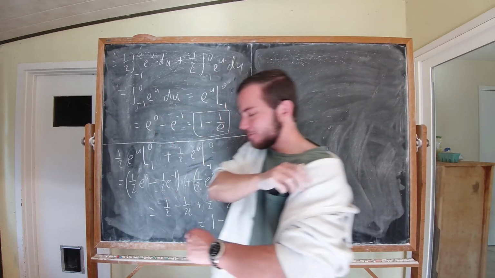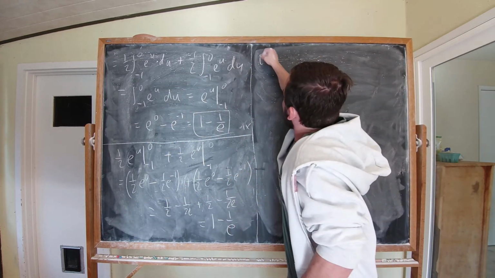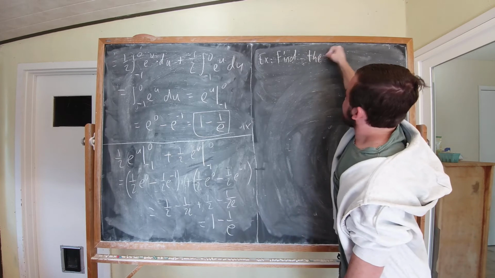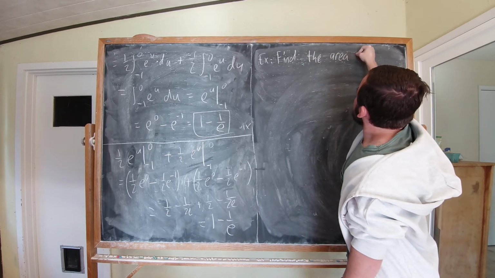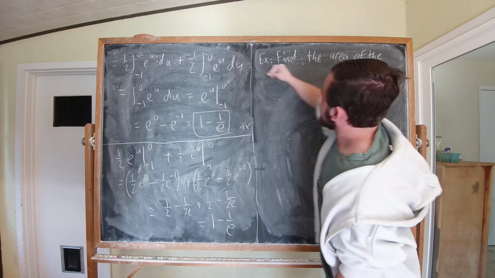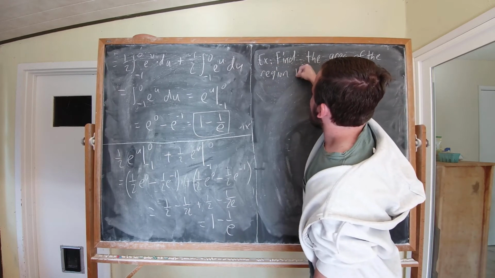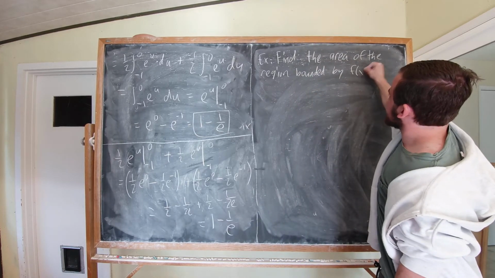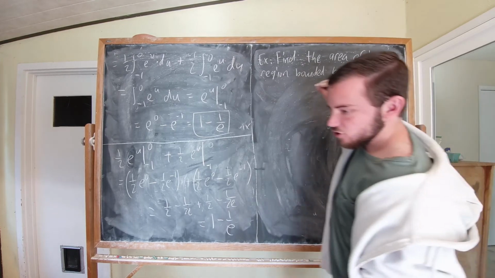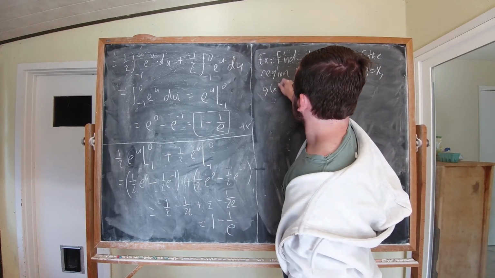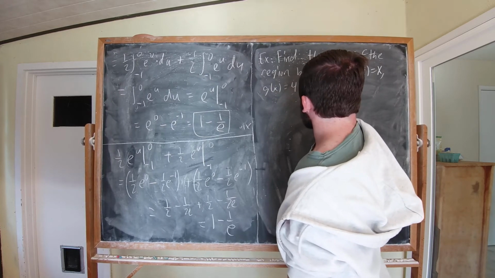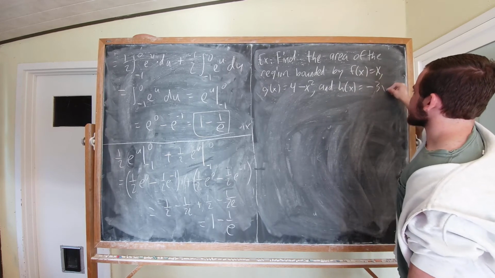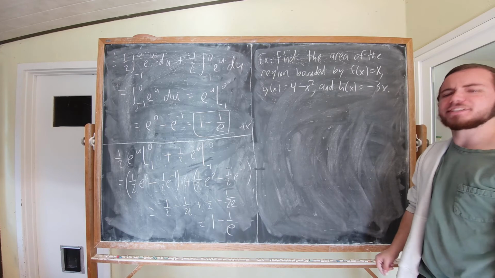Let's say we had something like, find the area of the region bounded by f of x equal to x, g of x equal to 4 minus x squared, and h of x equal to negative 3x. Whoa, what does that even look like?